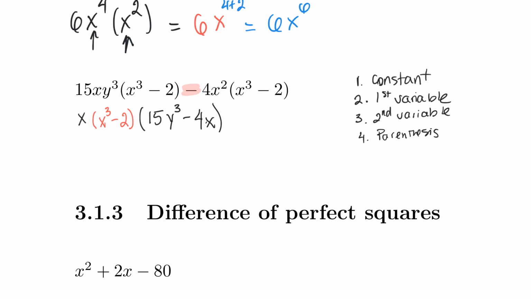Finally, we add the terms that did not have a common factor. So terms without common factor. And that is how we achieve the factorization of this polynomial.